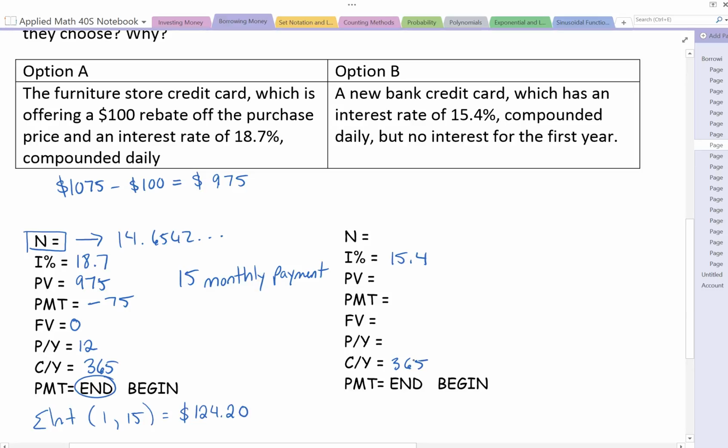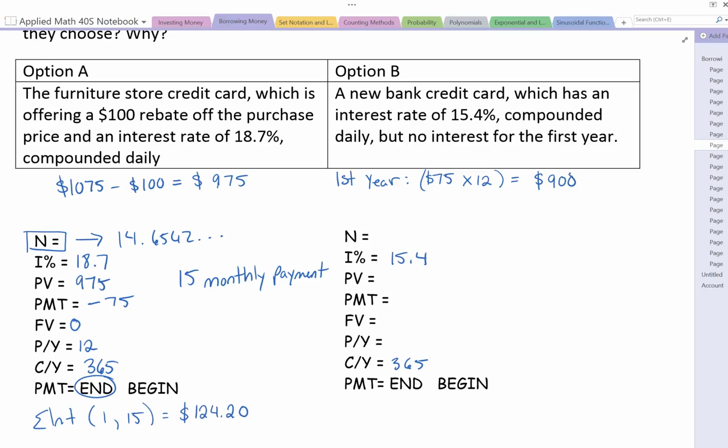That means for the first year, we are just paying our $75 a month for 12 months. So for the first year, we've already paid off $900, interest-free.